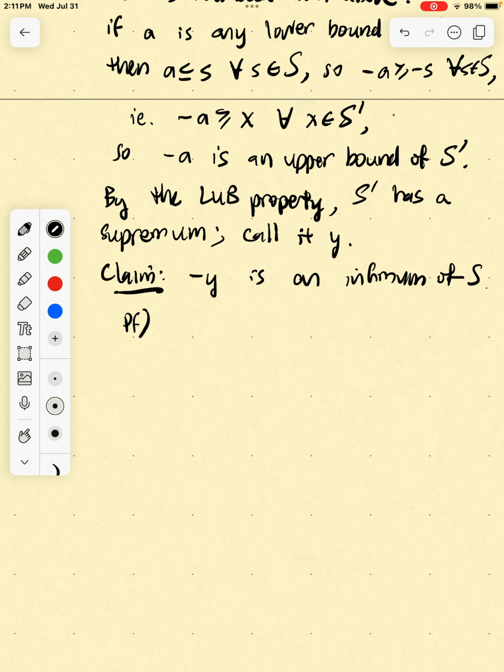Well, okay, that's kind of easy to see, but I'll write it down anyway. So first of all, let's show that negative y is a lower bound, sorry, an infimum of S.